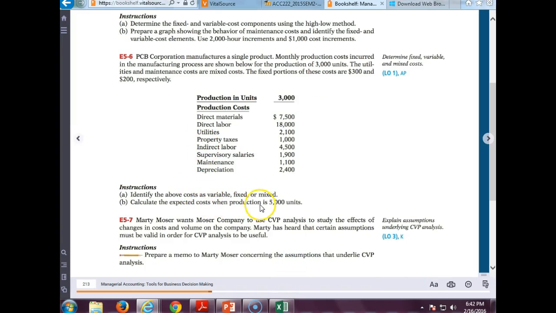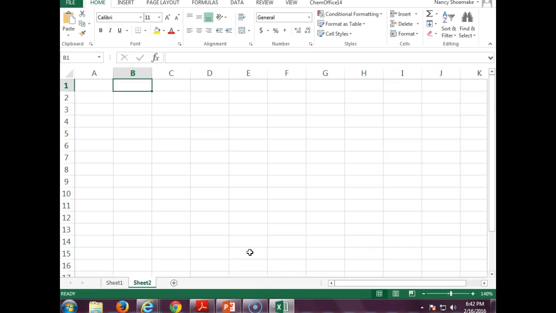Calculate the expected cost when production is 5,000 units. So the first thing let's do is come up with the fixed costs. What are they going to be? Taxes are how much? 1,000. What else? 1,900. What else? 2,400.